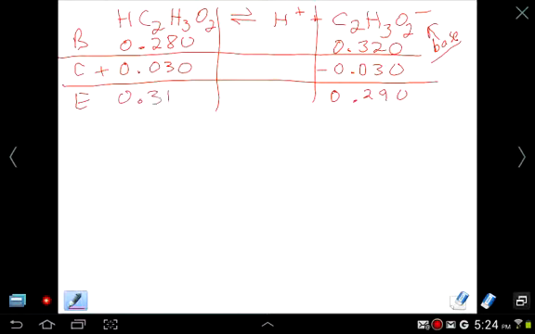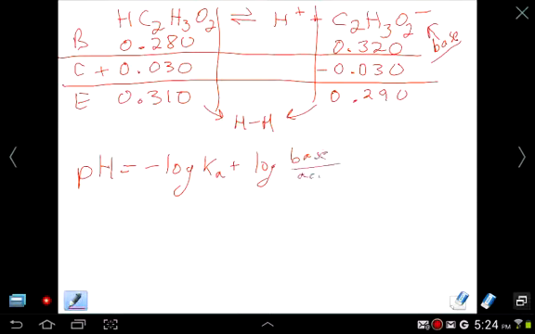Let's go ahead and plug this back into our HH equation, and we'll solve for the new pH. And HH equation again says that the pH is equal to the negative log of our Ka plus the log of base over acid. So we can plug this in.